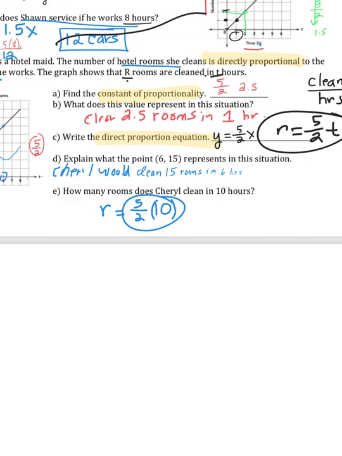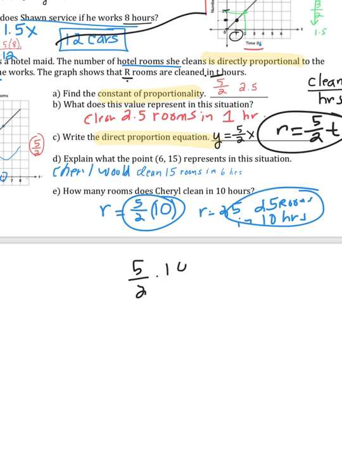So 5 halves times 10 will give me 25. So 25 rooms in 10 hours. If I wanted to show the fraction times 10 over 1, I could go like this: 50 divided by 2, which would be 25. Okay?